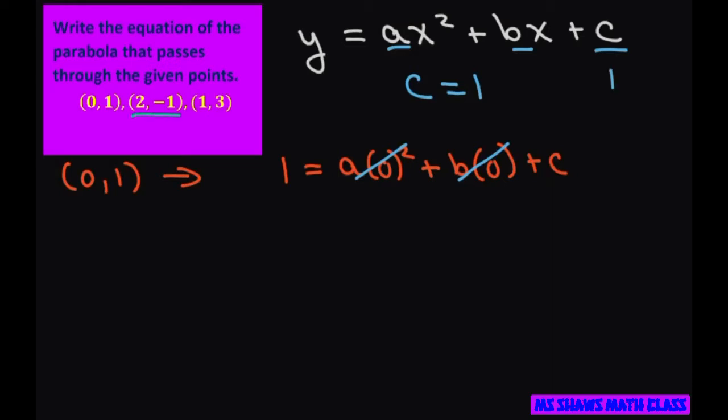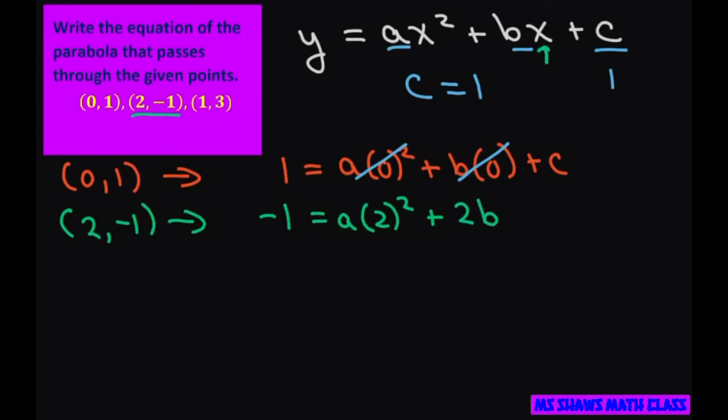Now for the next one, let's do the same thing. (2, negative 1). So our y is negative 1. Then we're going to write a times 2 squared plus 2b. I'm going to go ahead and substitute in my c as 1, since we already know that's what it is.